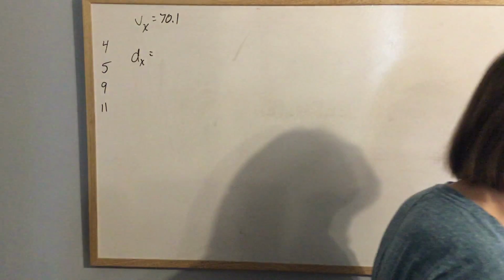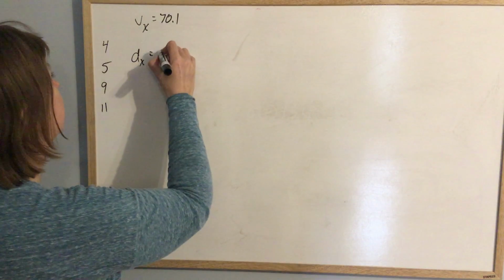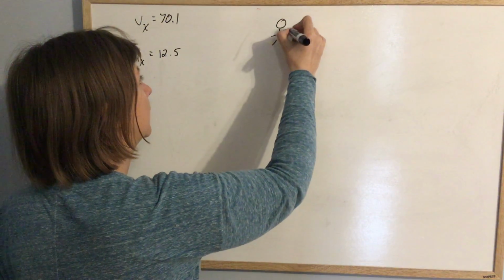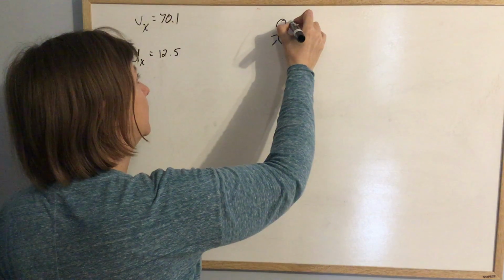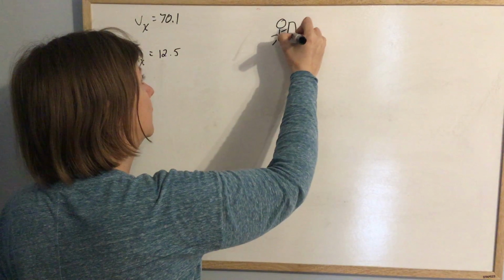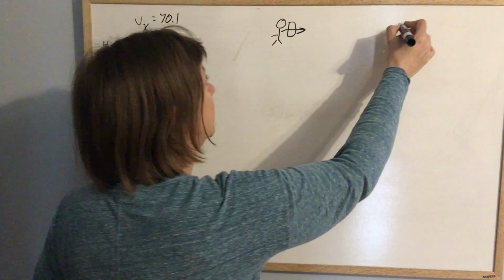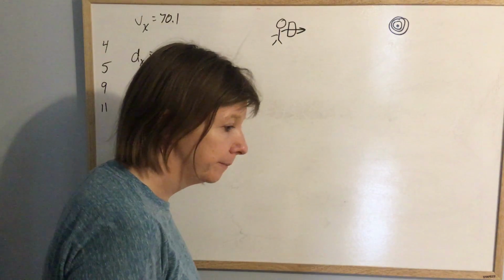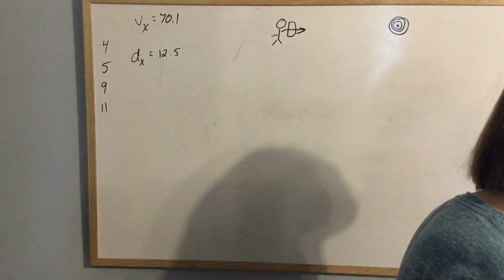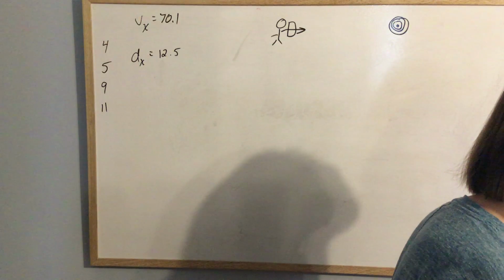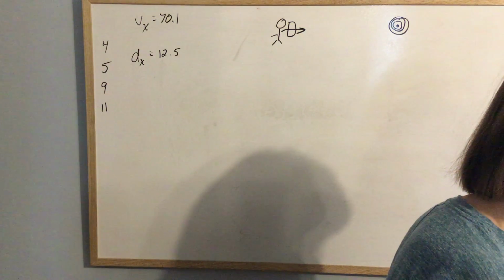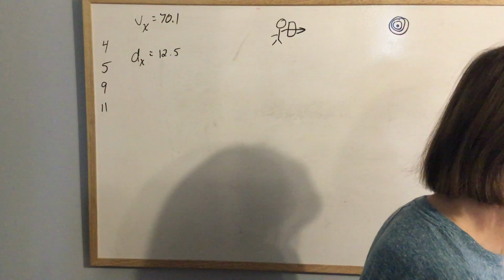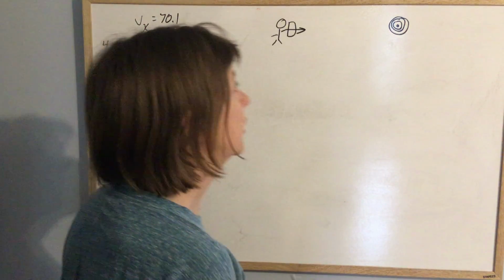Sorry, I gotta read it again. 12.5 meters away. So you have an archer with a bow and an arrow, and there's a target over here. At what vertical distance below the point of release will the archer hit the target? Neglect air friction.